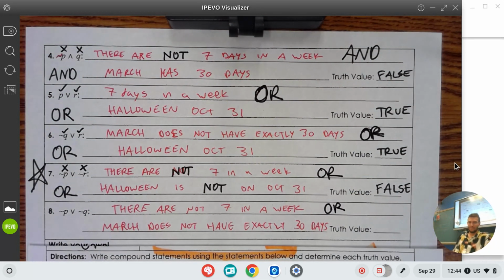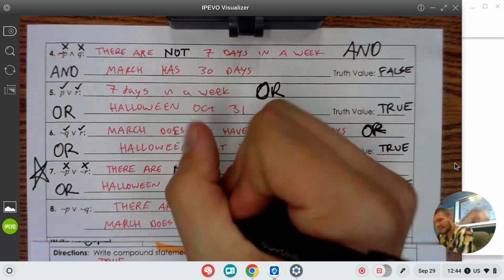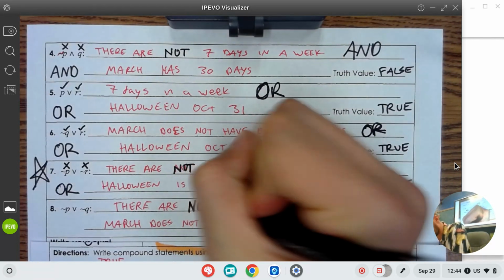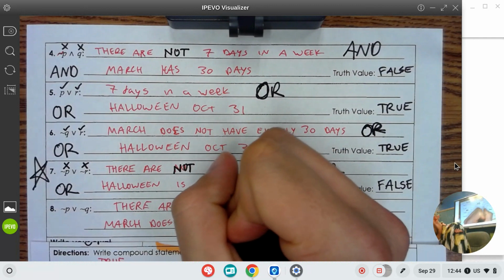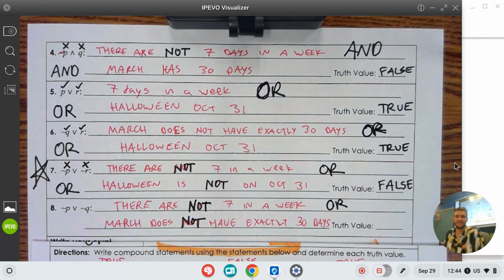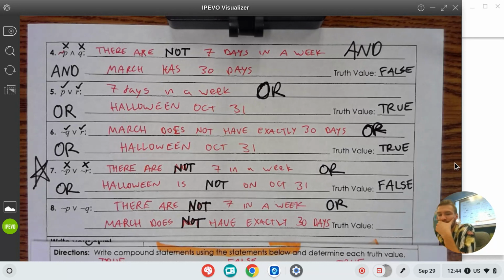Okay, we've set it up. We've got the not version of P. We've got the not version of Q. It's false, because there are 7 days a week. And true. It's false. They're not 7 days. So it is false. I've heard lots of false and I've heard lots of trues. Okay?